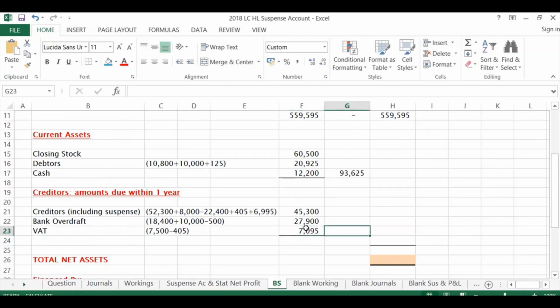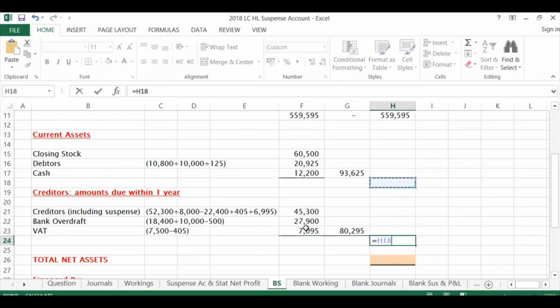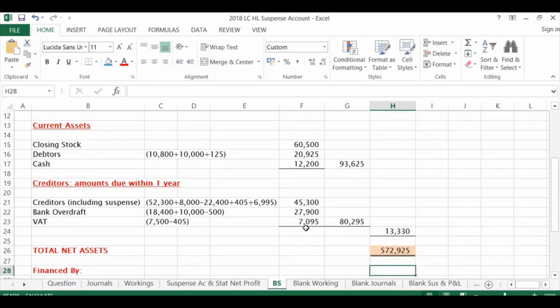Okay, so now I'm just going to add these liabilities due within 1 year, and they come to 80,295. My current assets minus my liabilities less than 1 year will give me a working capital of 13,330, and I'm going to add that to my fixed assets above, which gives me total net assets of 572,925.